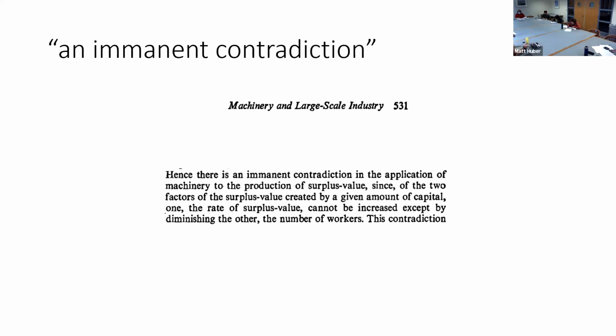Ultimately, if we believe Marx thinks that all surplus value comes from living labor, this one method of getting surplus value comes by diminishing the amount of living workers in the productive process. So you see this little problem, right? You're actually automating away the living source of surplus value in the first place.